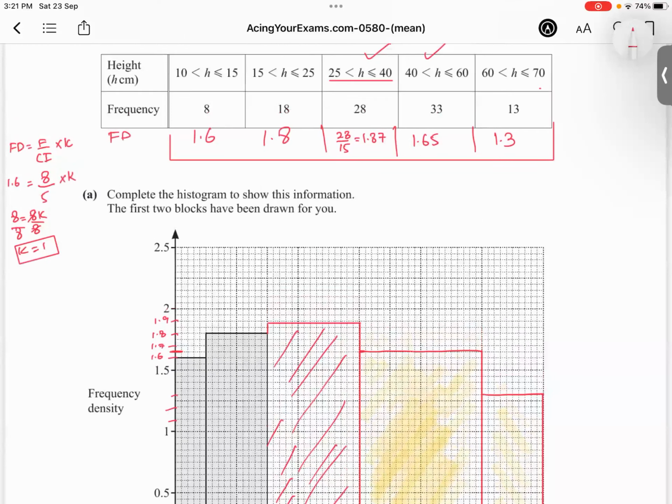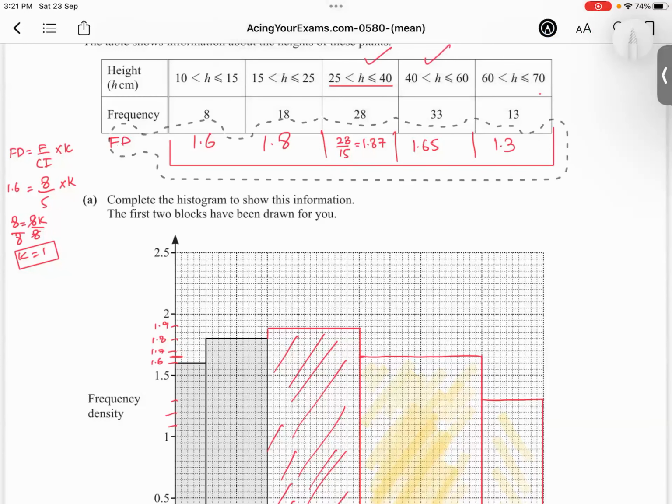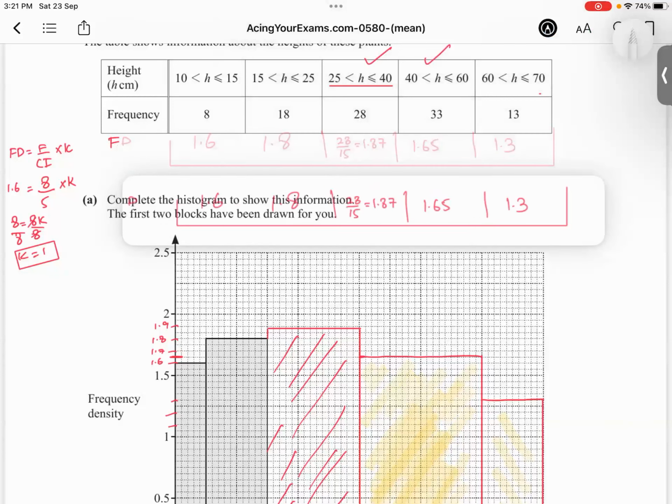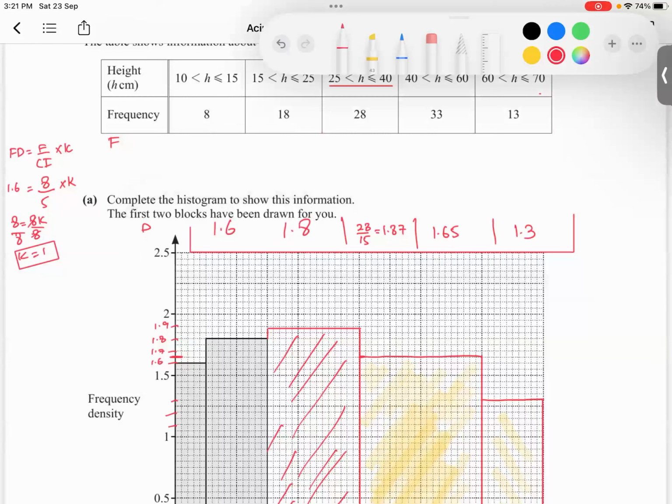All I can do is, because the second part is using the table already, so we have to be very clear with this thing. So I'm just picking this fd from here and I'm moving fd here. I will readjust the table later onwards once I'm done with the question.